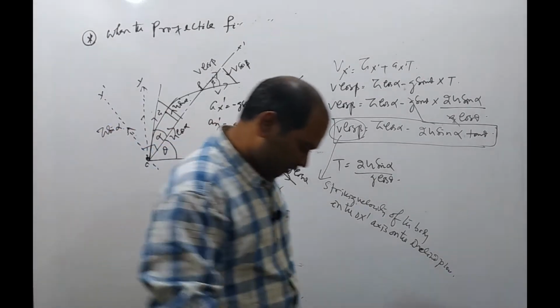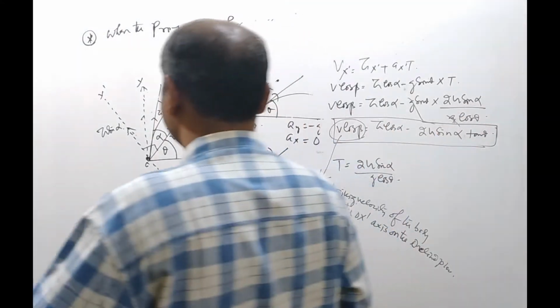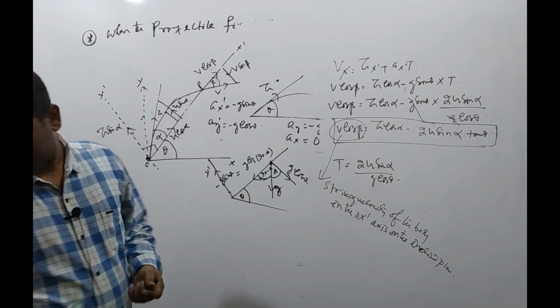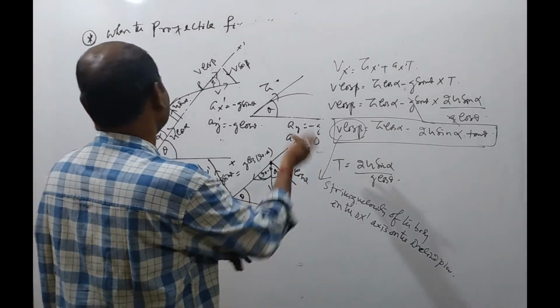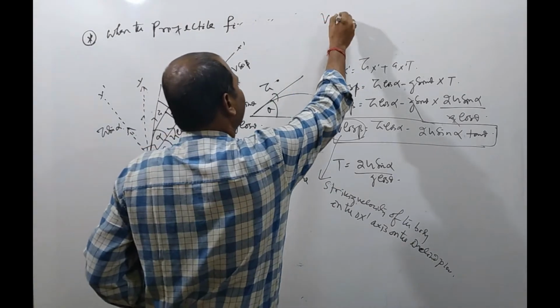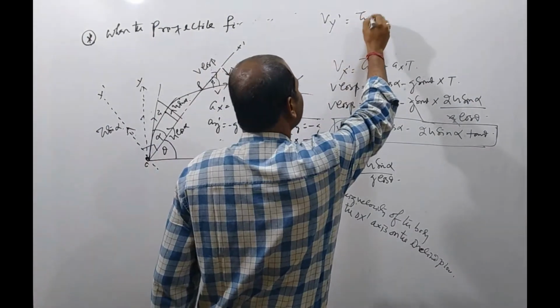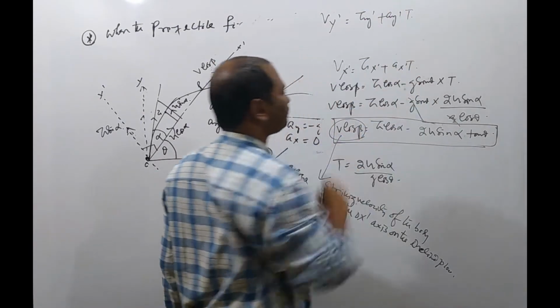Then the striking velocity in y dash direction you have to find. Then striking velocity in oy dash direction. So vy dash is equal to uy dash plus ay dash into t.